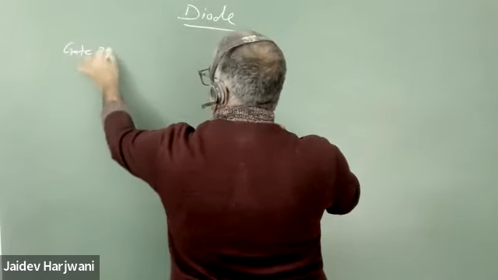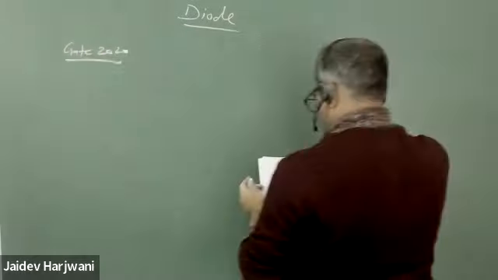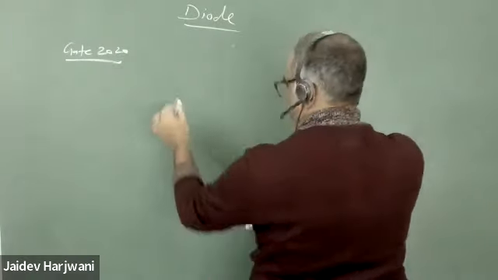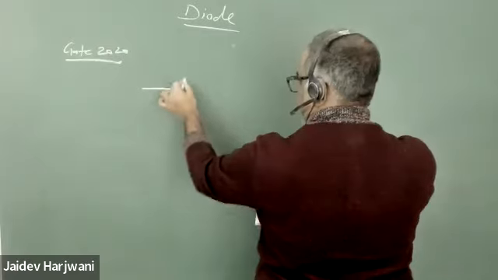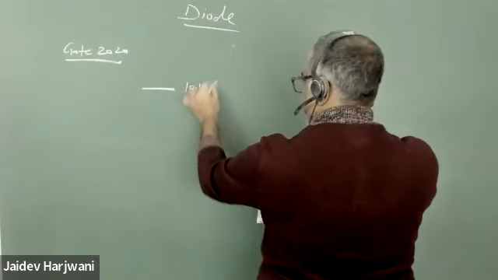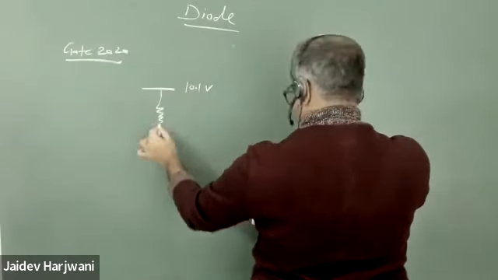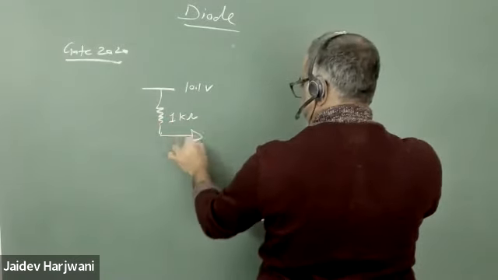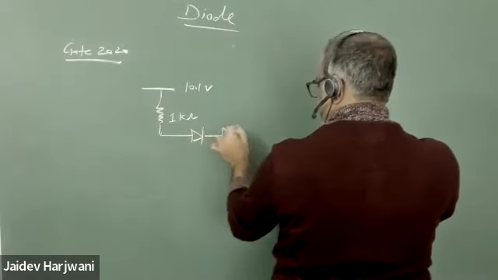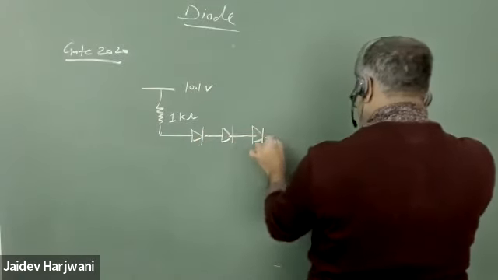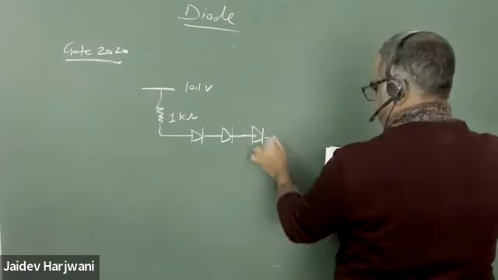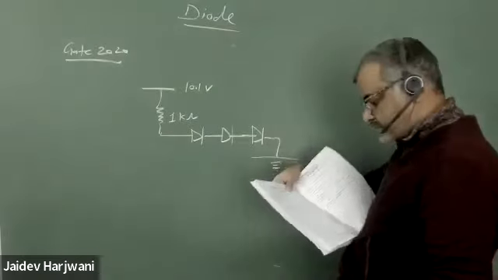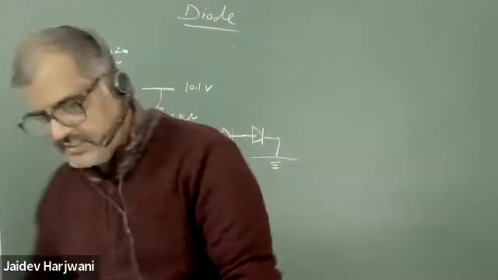GATE 2020. Okay, a simple question they asked. They have given you 10.1 volt, and a 1 kilo ohm resistance here, and 3 silicon diodes, grounded. They are asking for the current I in milliampere through the resistors.